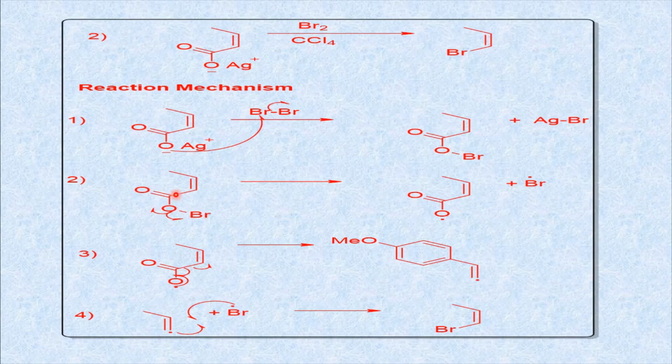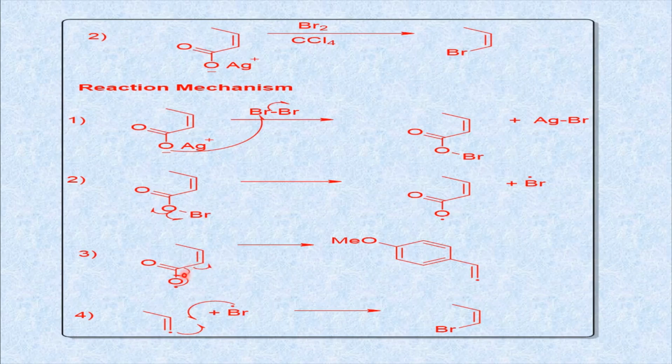Now in the next step, you'll get this OBr. Homolytic cleavage of this O-Br bond takes place. You'll get an O radical and a Br radical. Now the next step is decarboxylation. The breaking of this C-C bond generates a CH2 radical and a C radical.